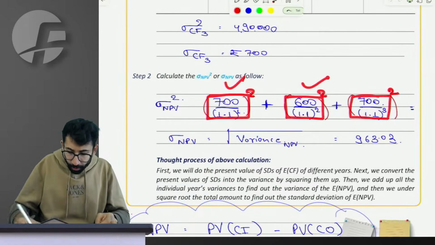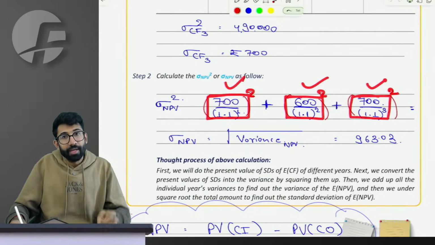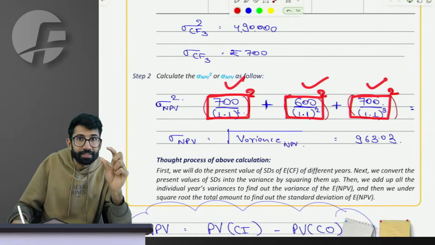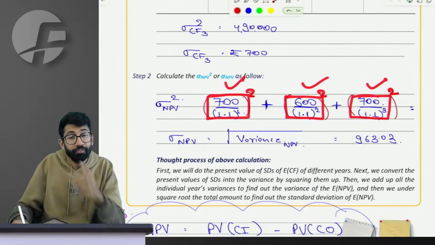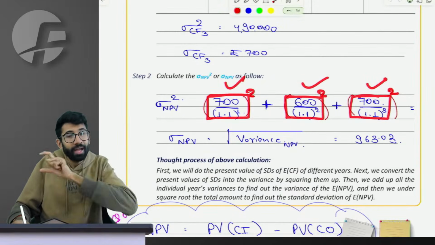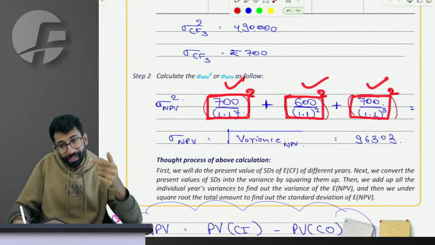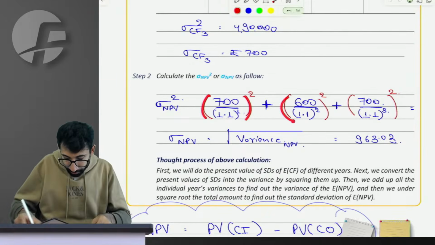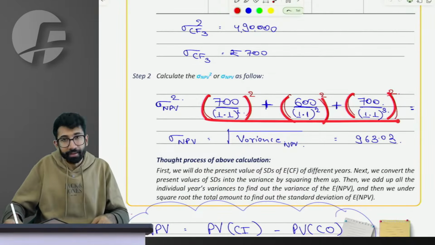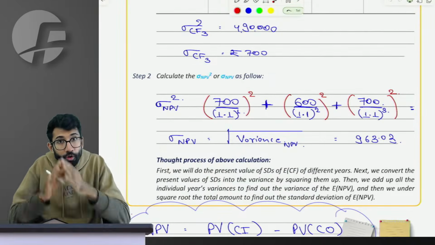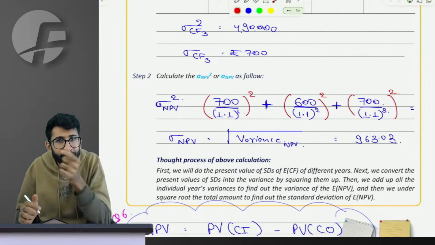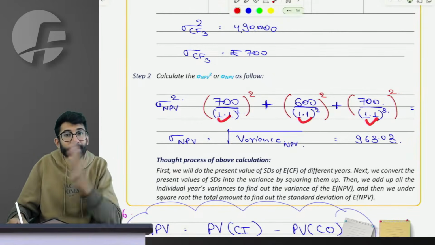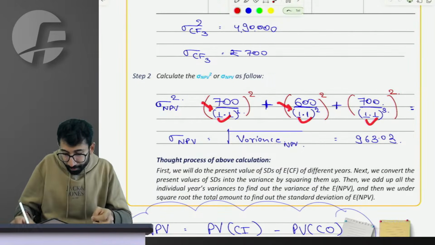And now if you have the variance at present value level of different years, you can add them up to find the variance of the overall NPV. If I square them up and then finally add them, I will get the variance of overall NPV, which is nothing but the sum of variance of individual years, that too at a present value level.